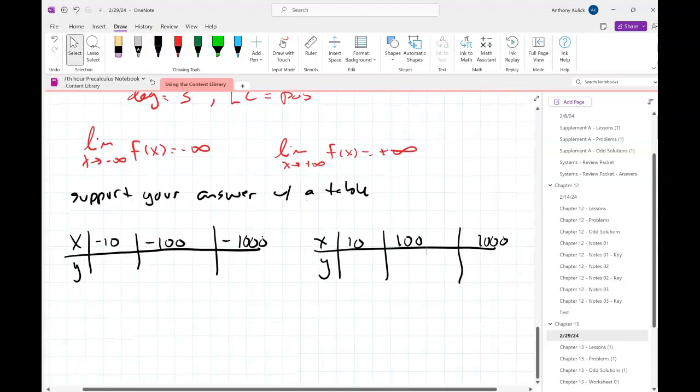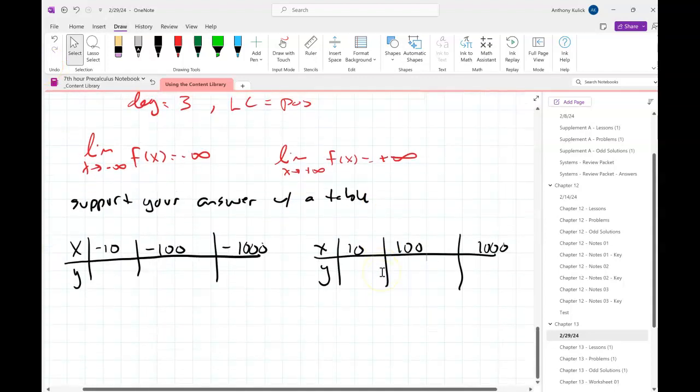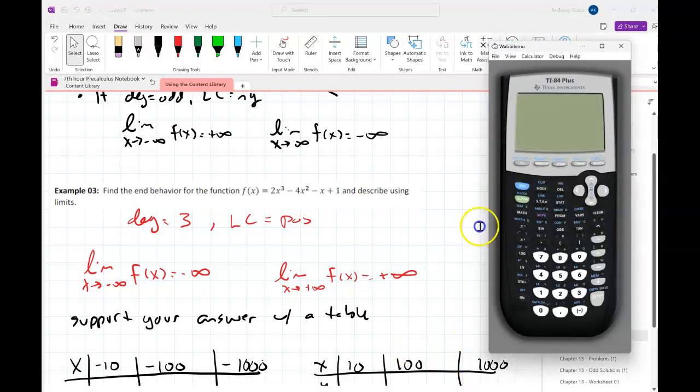Okay. So to fill in the rest of this table, I am going to use my calculator. I'm going to start by turning my calculator on, going to the y equals menu, clearing out whatever I had there already, and typing in the new function for my problem.